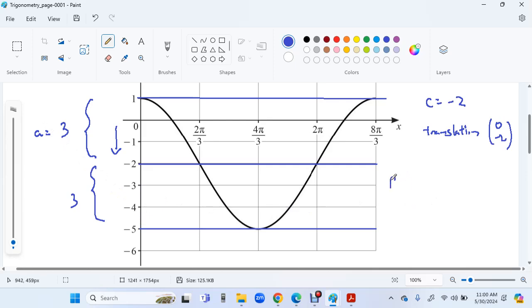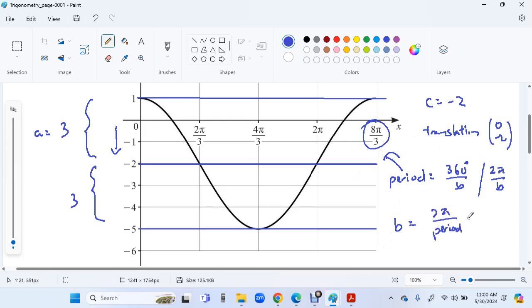And then we know that the period is actually 360 degrees over b, or 2 pi over b. This one is 8 pi over 3, so this is the period. So the b will be 2 pi over the period. So 2 pi over 8 pi over 3.